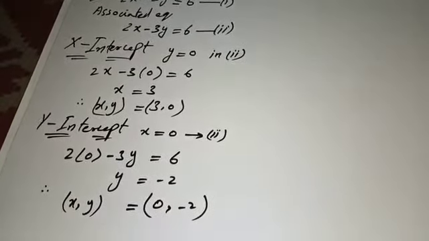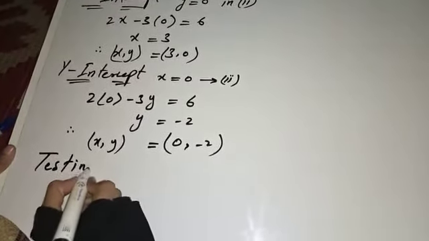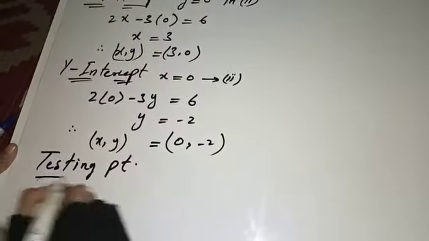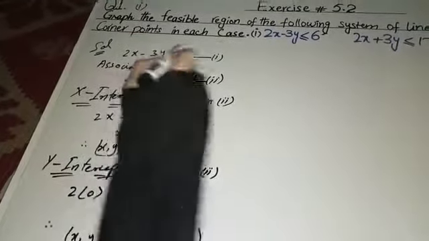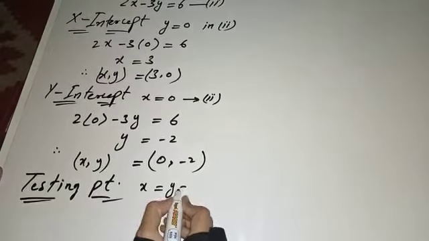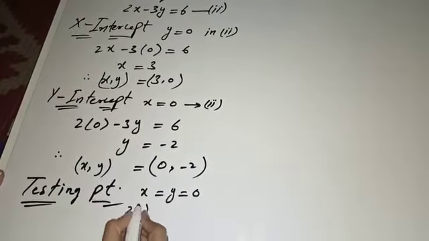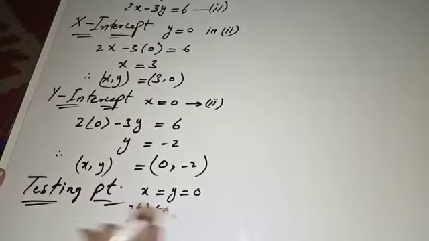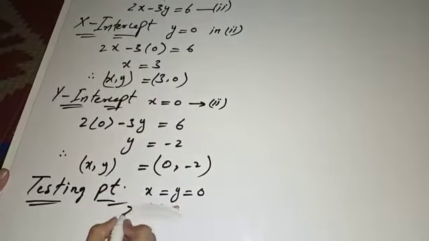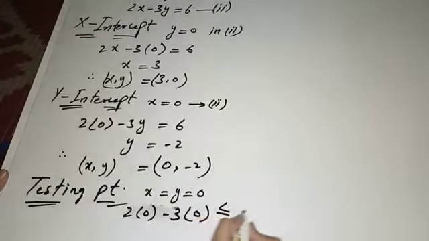Now testing point. Testing point is necessary to calculate whether this given inequality expression is true or false. For testing point, put x is equal to y is equal to 0 in the given linear inequality expression. When you put in place of x 0 and in place of y 0, 2 into 0 minus 3 into 0 is less than or equal to 6.